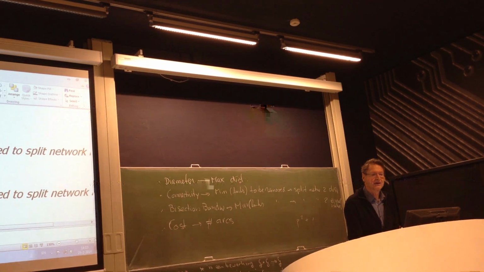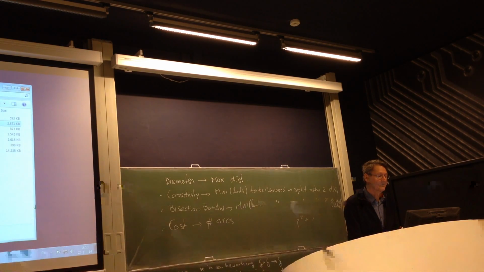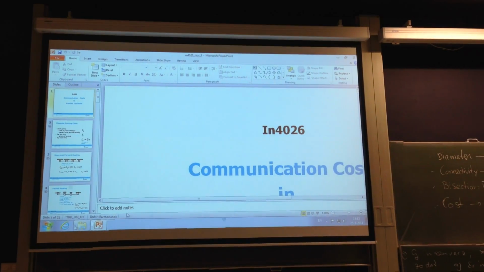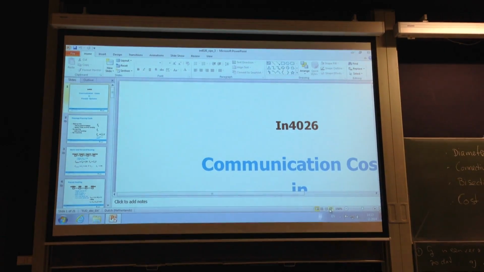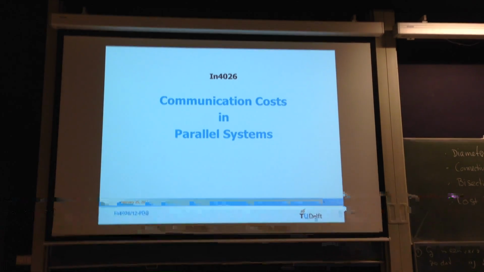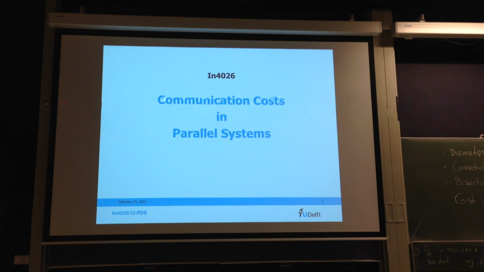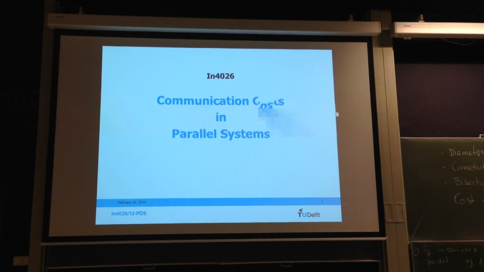So this is about this part. The next part we're going to build up is the cost of communication in a parallel system, and can we derive a model for that?